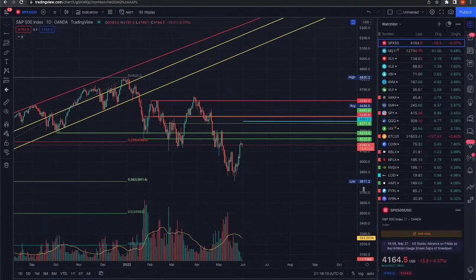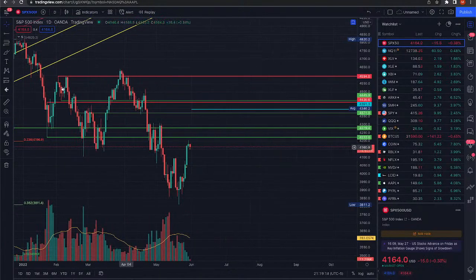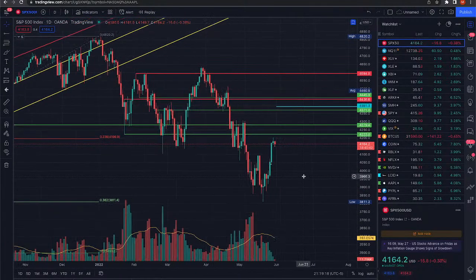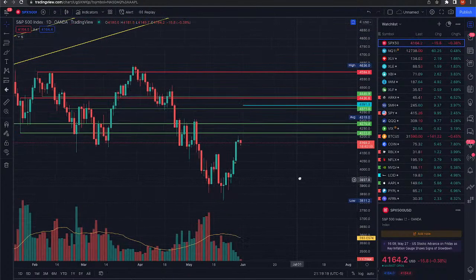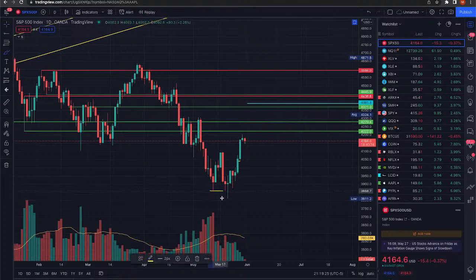So we're on a 1 day uptrend on SPX, and what you're trying to see for a healthy move on SPX is, here's our low, and then another low, and then we broke resistance up here, and what we want to see is the trend change, right? So we got a low, higher low, and then a trend change. This is the official trend change. So the trend is changing to the bulls if that happens.